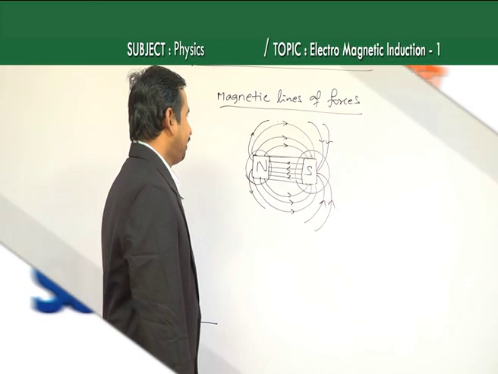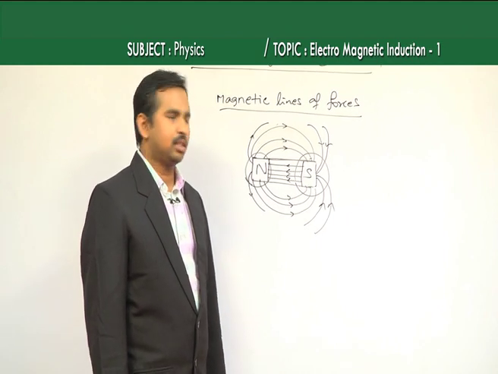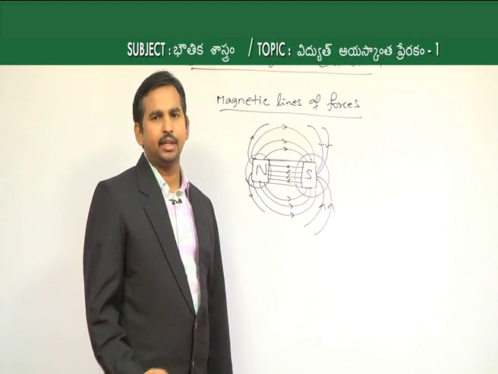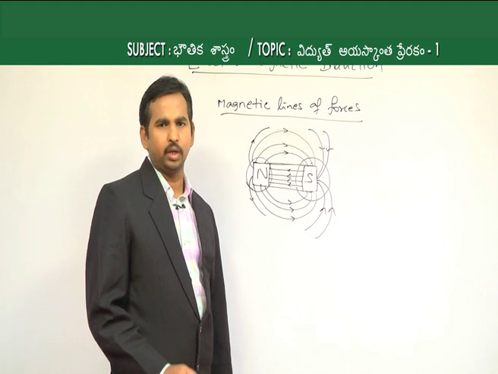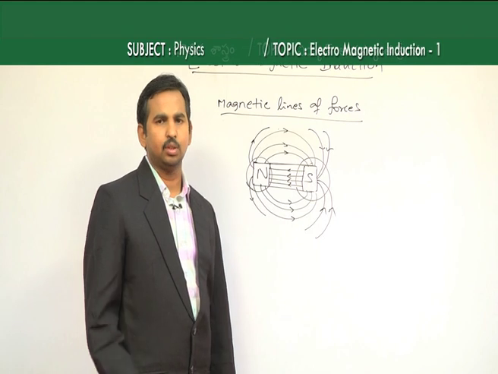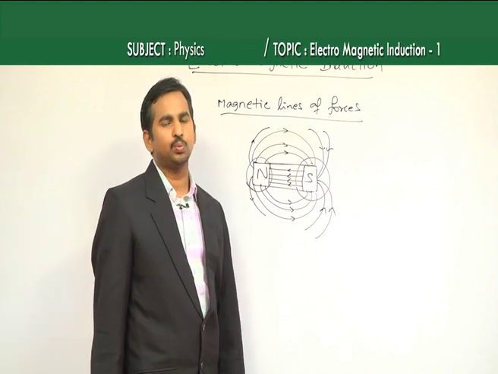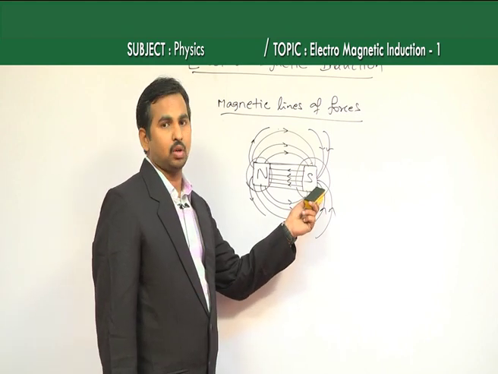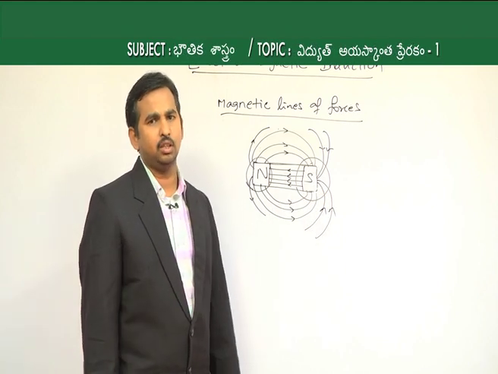The definition of the pole of a magnet is the region or point where the magnetic field strength is maximum. As the strength is greater at that point, the number of magnetic lines is concentrated there. Those we call the poles of the magnet.